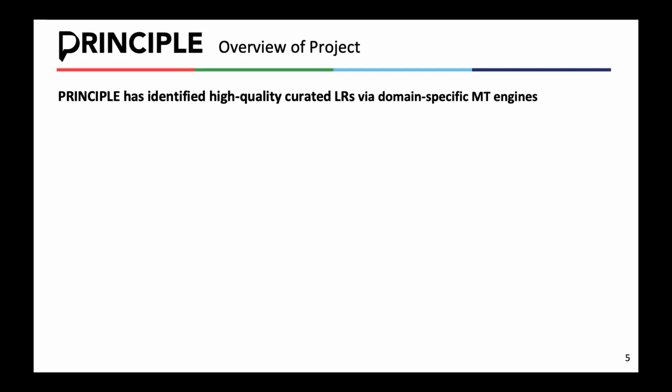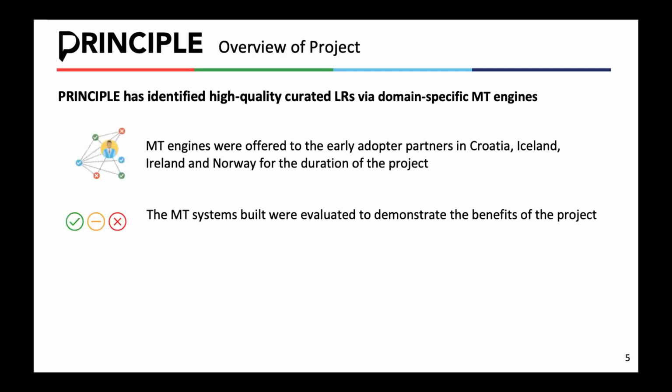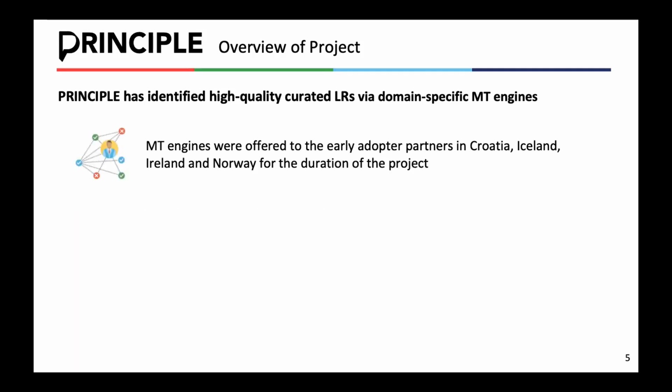And we would do this by creating machine translation systems from the resources. If we created a good MT system, that in a way validated that the quality of the data was good. So in order to do this, we went to early adopters in the 4 countries.